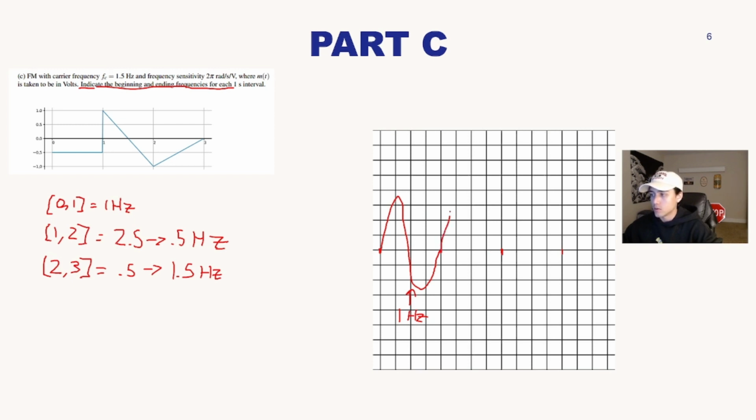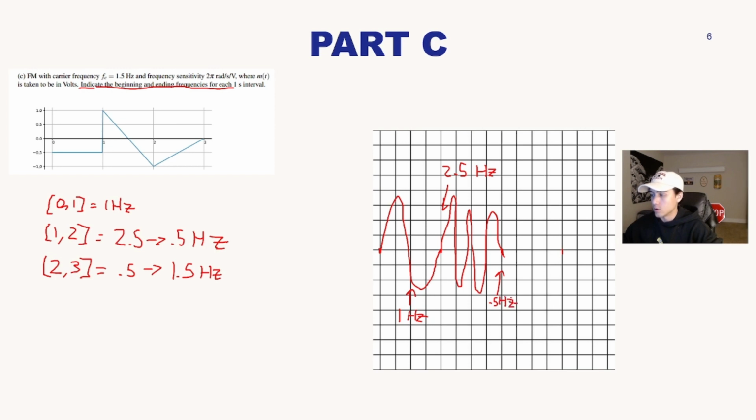So we start at 2.5. And then we go down to 0.5. So obviously that you can't really draw that accurately, but we can label it here. So 2.5 hertz. And then here we are at 0.5 hertz.